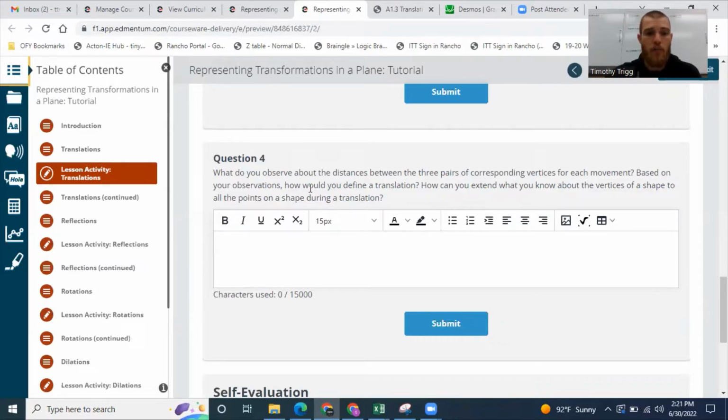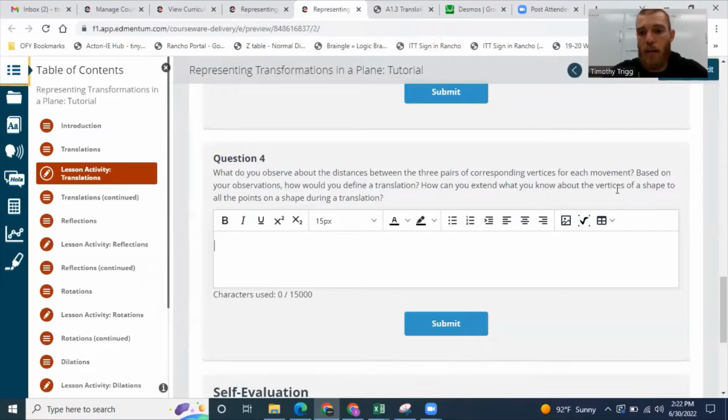Then, based on your observations, how would you define translation? What is a translation then? It's a movement of a shape, but it conserves its orientation. If it's oriented like this, then it stays like that. It doesn't rotate or anything like that.